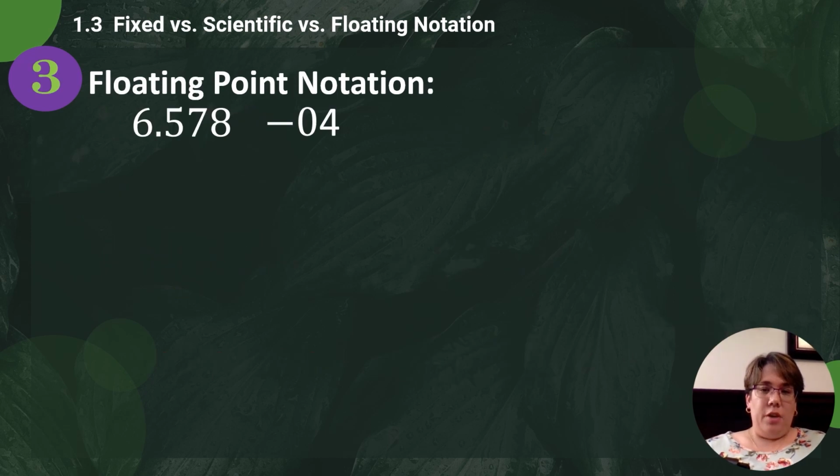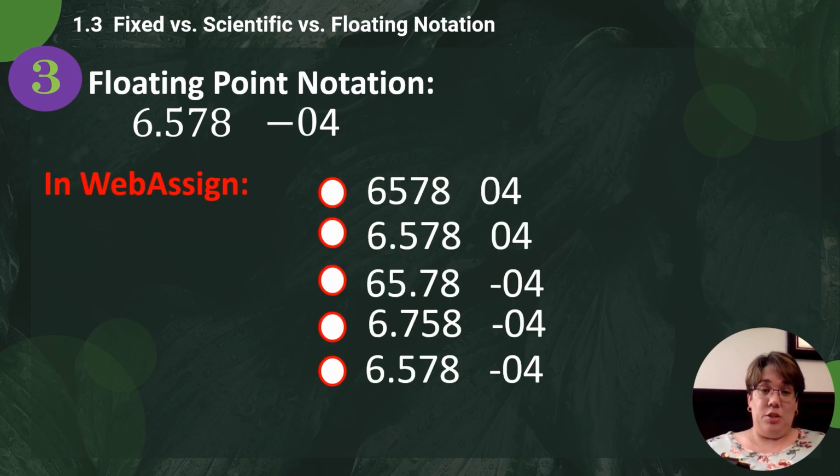In floating point notation, you have 6.578, and then you have this E minus 04. So again, this always seems like it's a little weird because it looks like you want to just subtract 4. But again, that's calculator notation, okay? So a lot of times in WebAssign, this will come out as a multiple choice question.